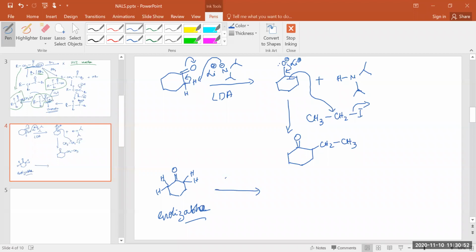Now if you take, suppose, a catalytic amount of sodium hydroxide, it will form an enolate, and you take D2O. Okay? So what will happen? All the 4 hydrogens will be replaced by deuterium. So it's an enolate formation, just a deuterium exchange.